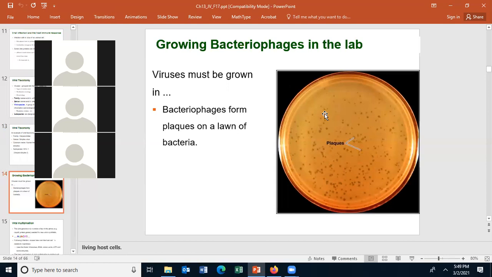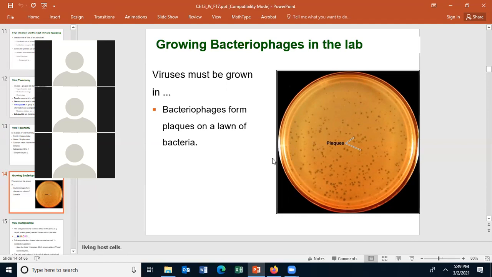The neighboring cells. They infect those cells, replicate, lyse those cells, and then go out and infect more cells. All the bacteria cells in the plaque have been lysed, and around it is where the bacteria are growing. And that's why we see the plaque.